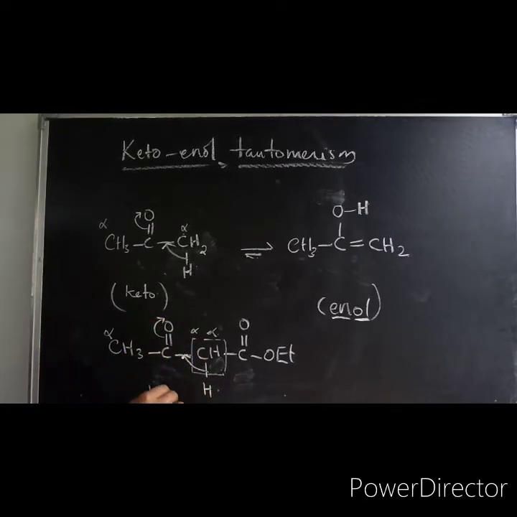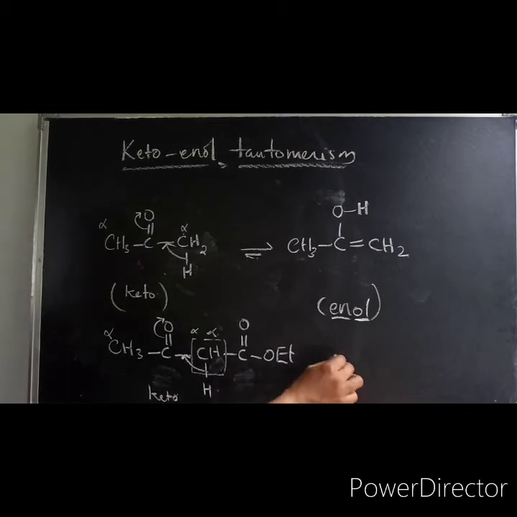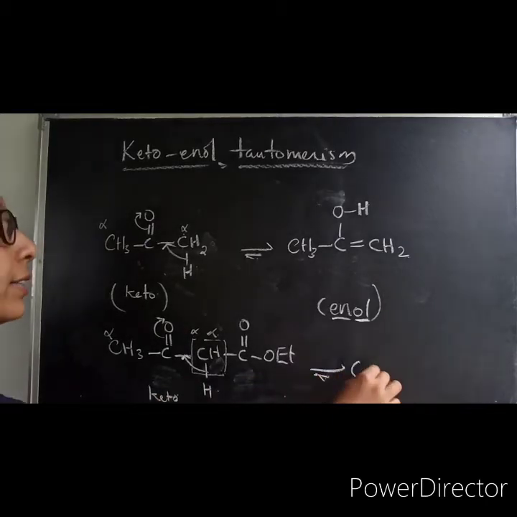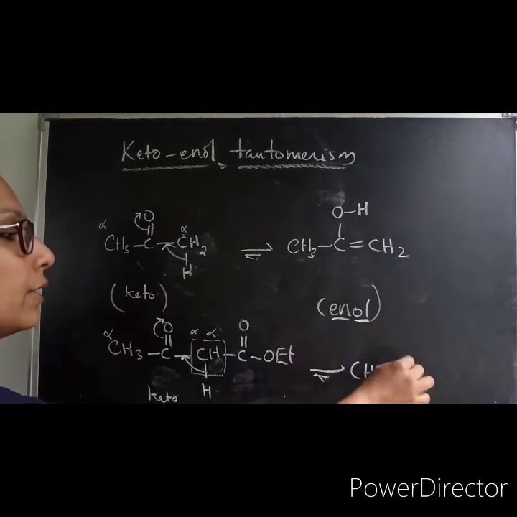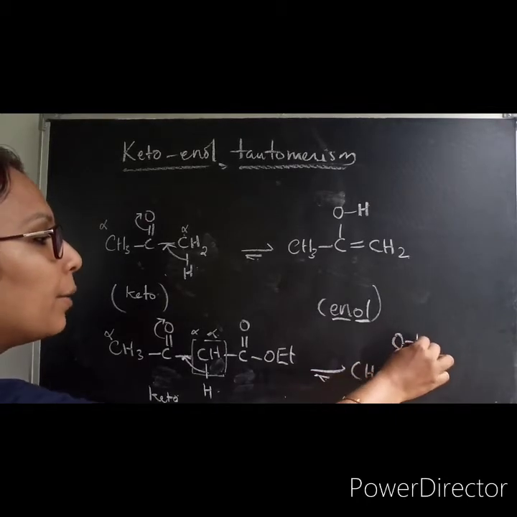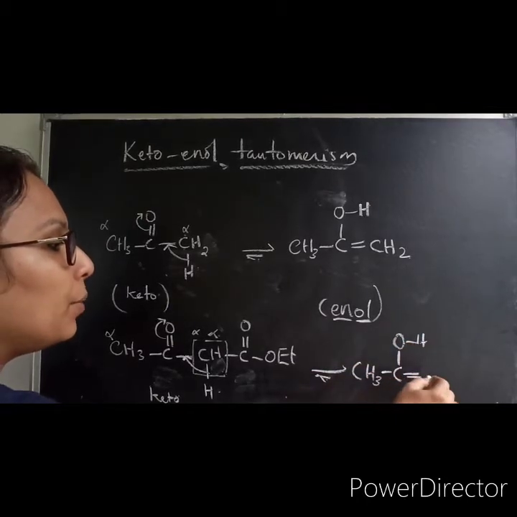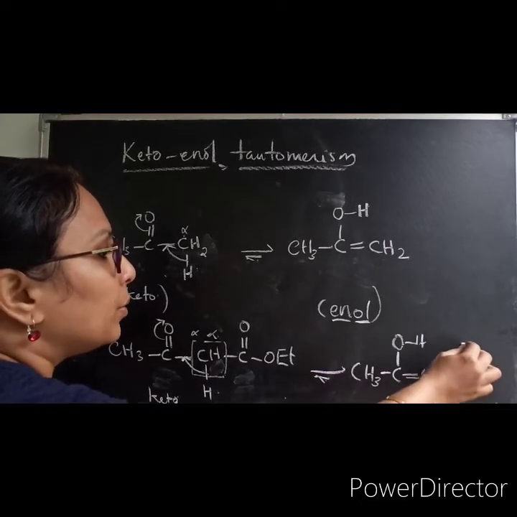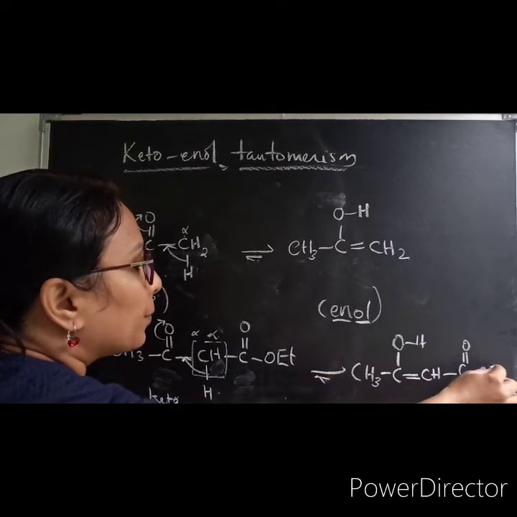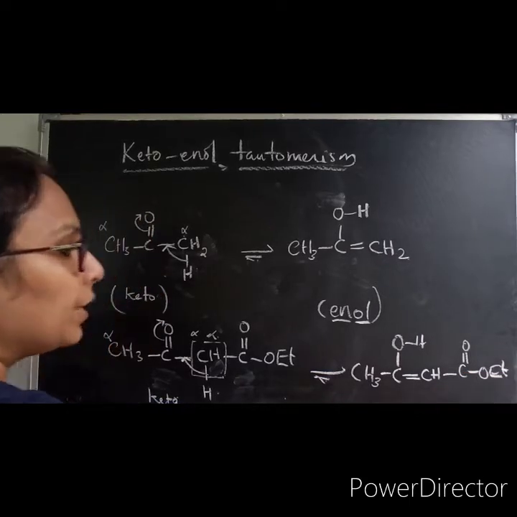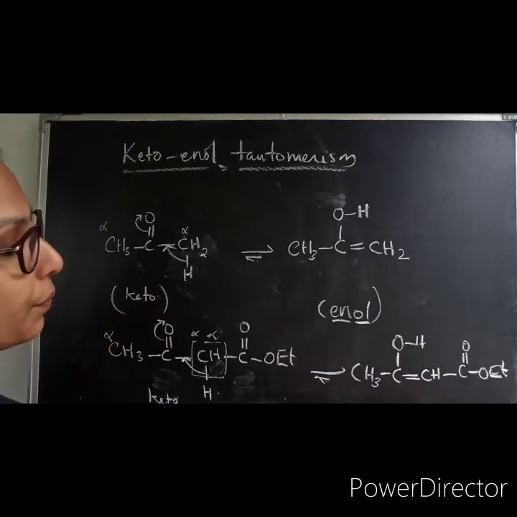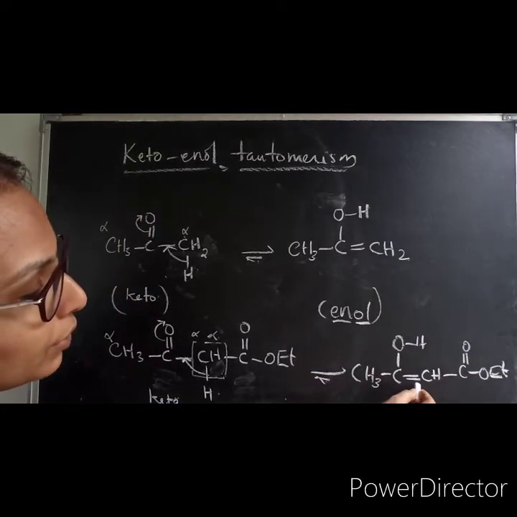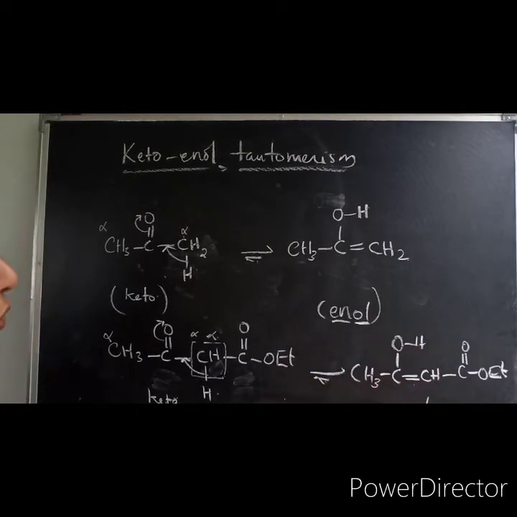So this is the keto form. Now, writing the enol form: CH3, C, with O minus picking up hydrogen, then a double bond over here, CH, then C double bond O, OEt. This is the enol form. En for the double bond, ol for the alcohol, that is why enol.